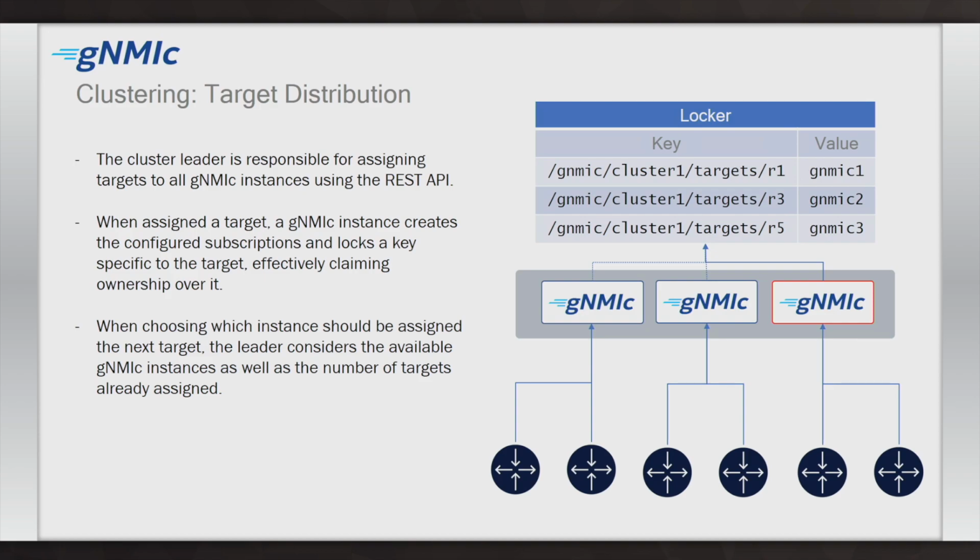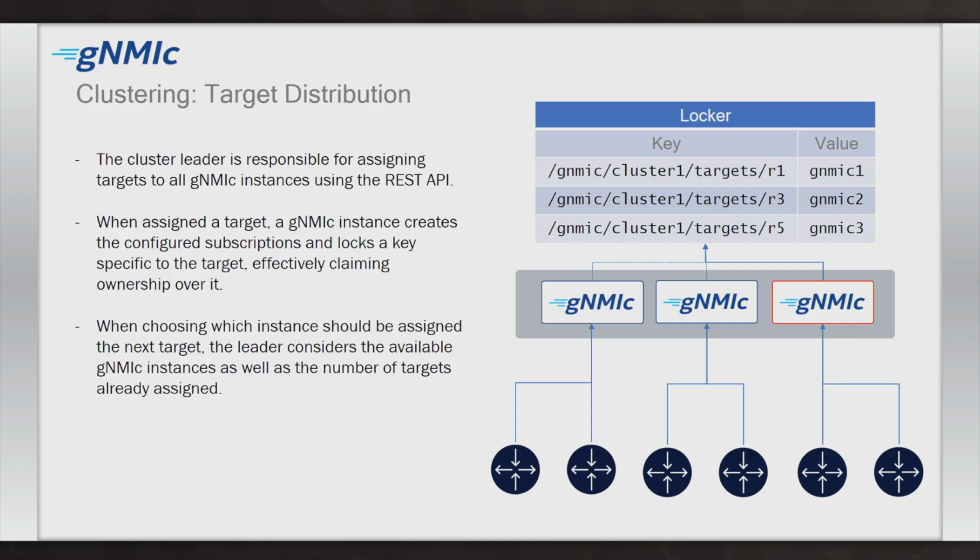The way it assigns them is by looking at how many routers are already handled by that instance, and just taking the least loaded instance and assigning the target. It will not consider the number of paths within a subscription. It will not consider the number of subscriptions towards that target. So it's just the number of routers that the gNMIC instance is handling.